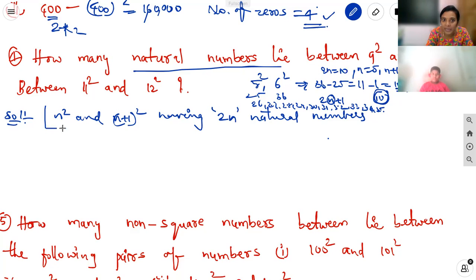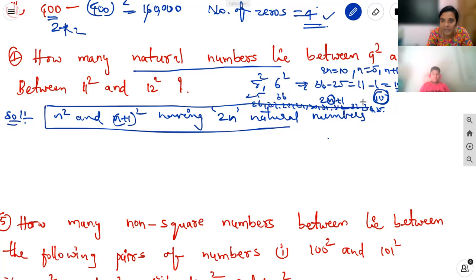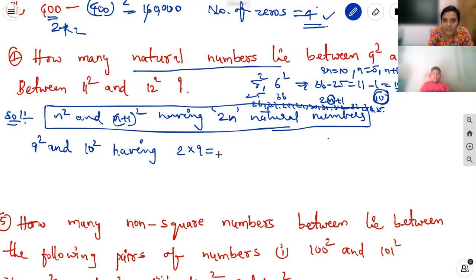So the important point is n square and n plus 1 whole square numbers having in between 2n natural numbers. Here 9 square and 10 square having 2 into 9 equal to 18 natural numbers in between.